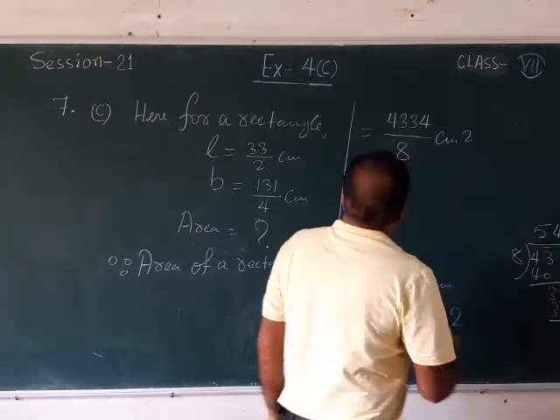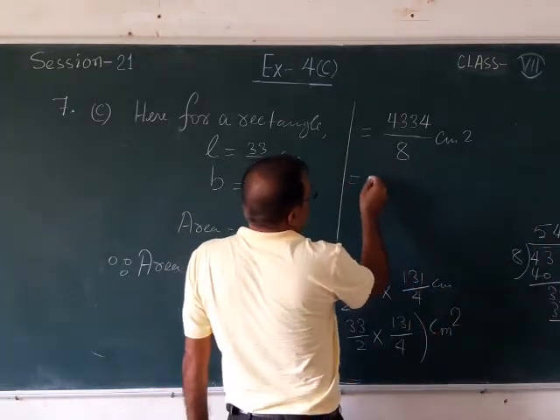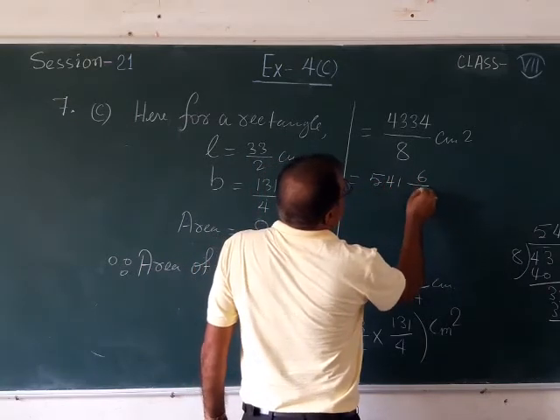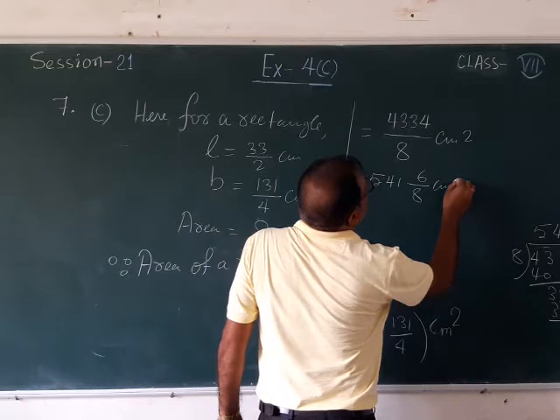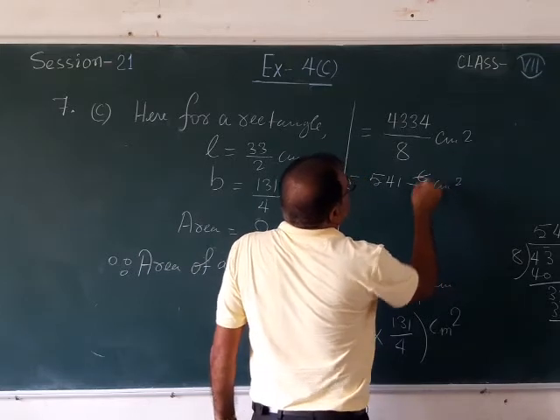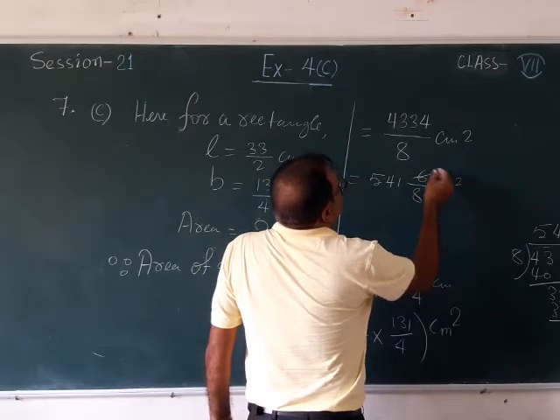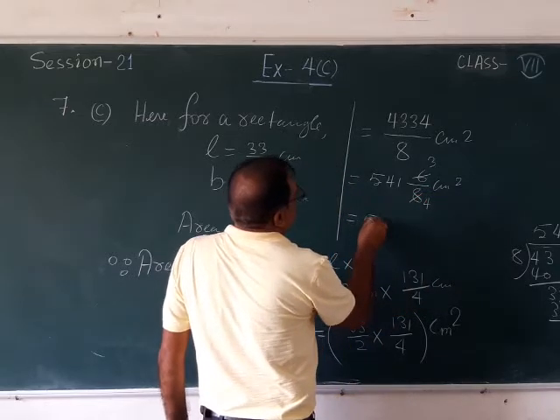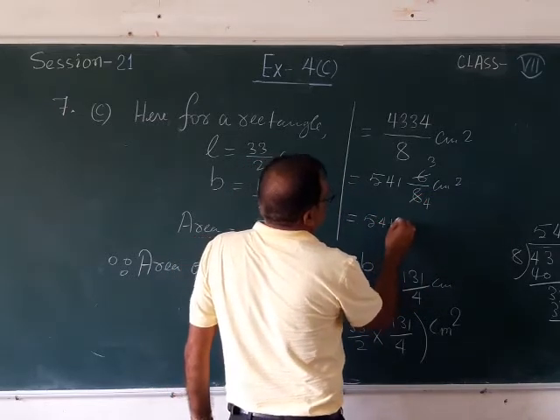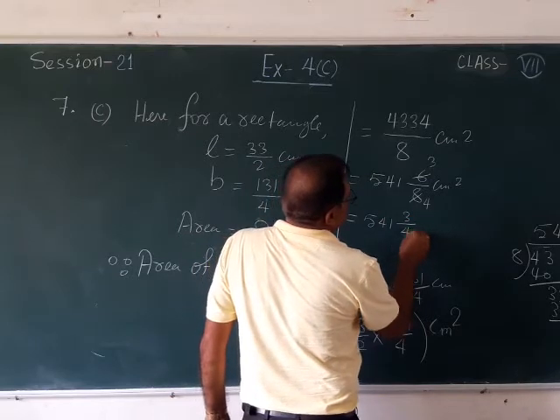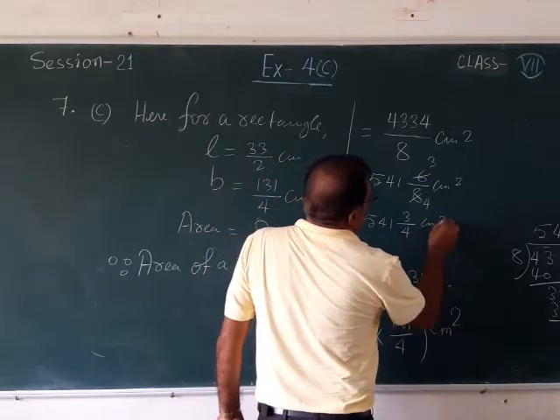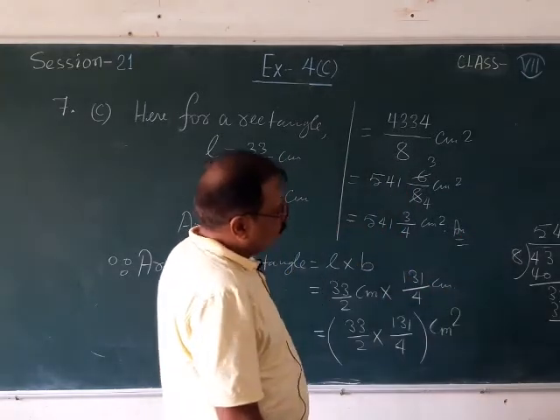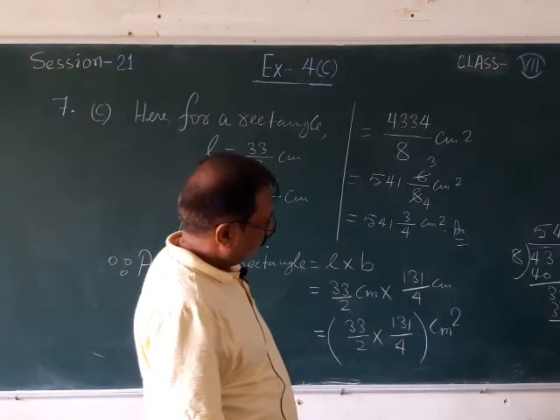Okay, so here you will have the number 541 whole and 6 upon 8 centimeter square. If you can cancel this number, you can cancel by 2. 2 3s are 6 and 2 4s are 8. So further it will be 541 whole and 3 by 4 centimeter square, and that will be the answer. So like that you can find the answer.